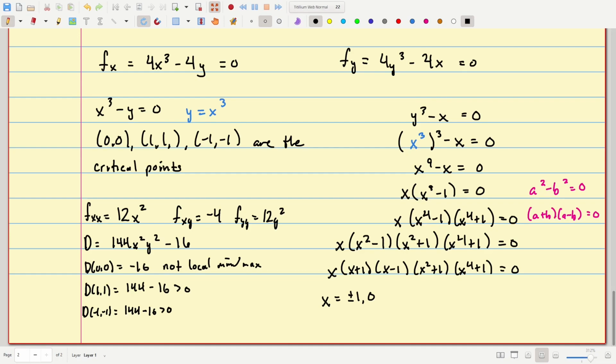Okay. At both points, the second partial, x's second partial, is going to be positive because we're plugging 1 and -1 into this, which has a square in it. Okay, so that means that these are both local mins.